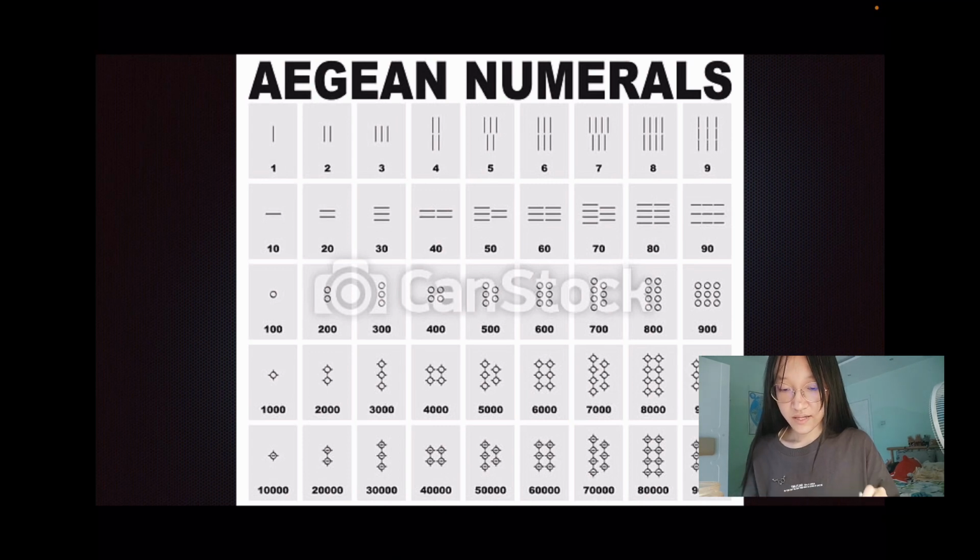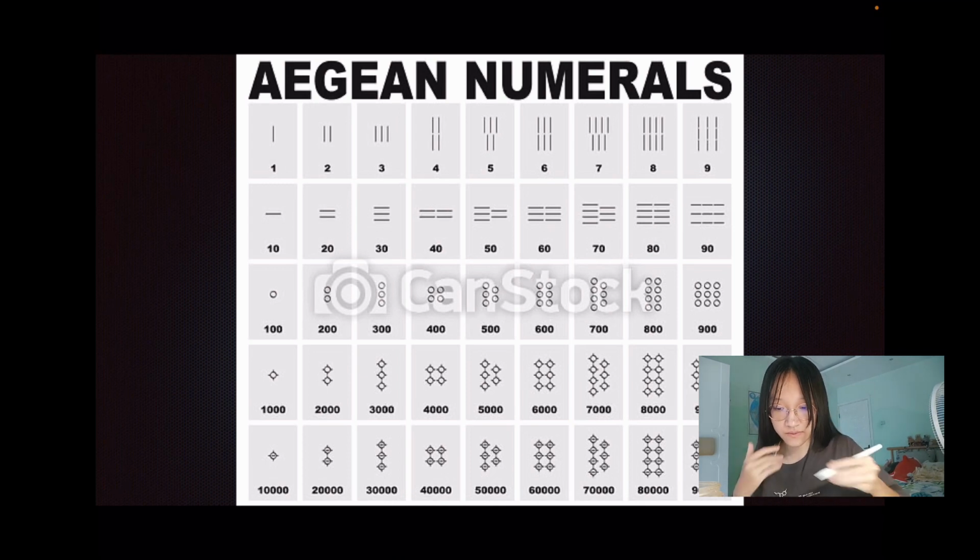So the Aegean numerals look similar to the Babylonian numerals, but they are more likely to be decimal instead of a base of 60. But still, they use different marks and symbols once it counts up to 10 in one digit.